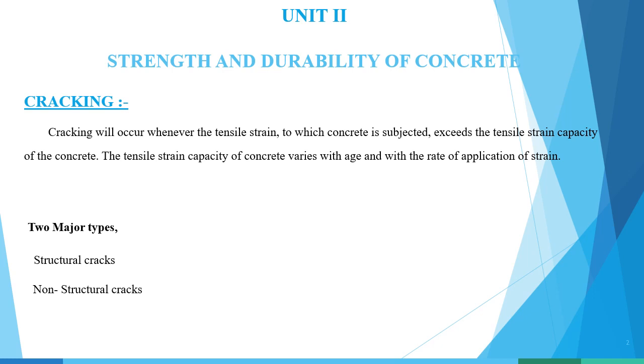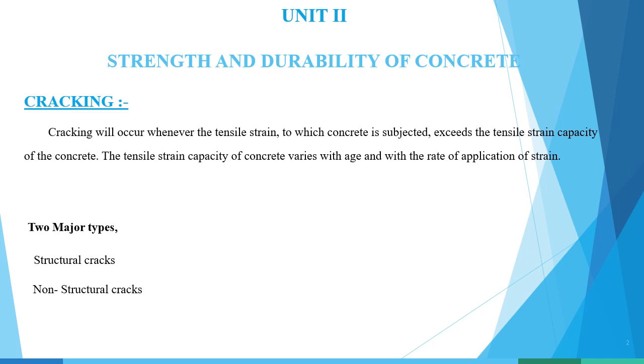The next one, types of cracks. The two major types are: first, structural cracks, and second, non-structural cracks. Structural cracks are those which result from incorrect design, faulty construction or overloading, and these may endanger the safety of the building and its inmates.